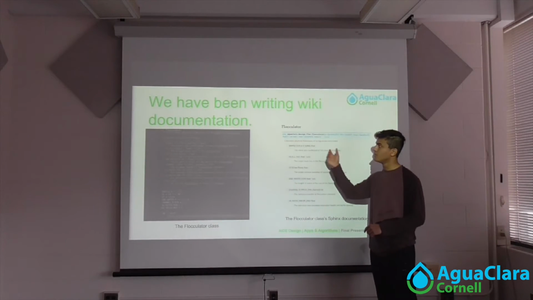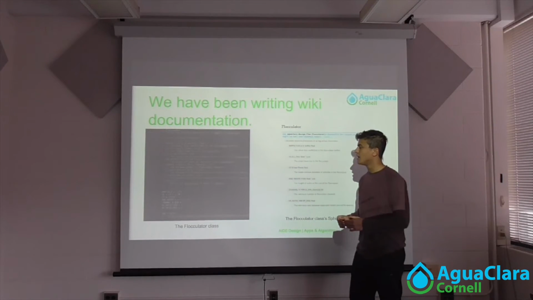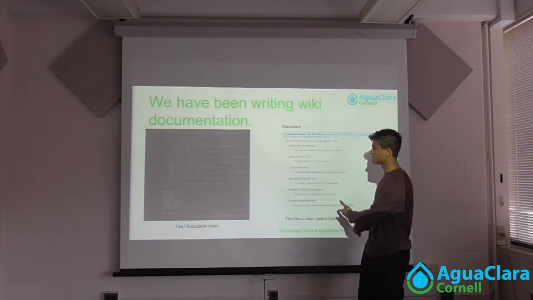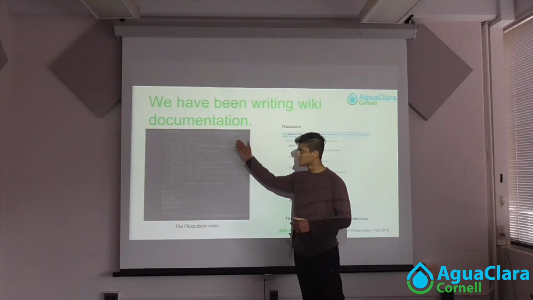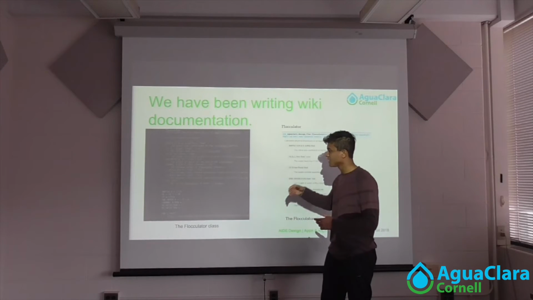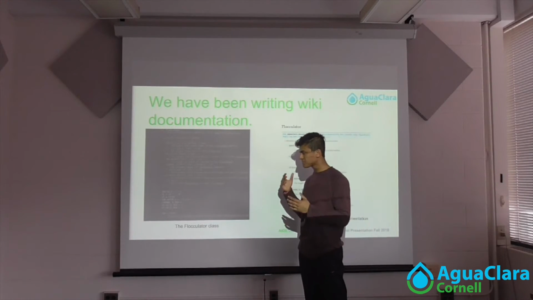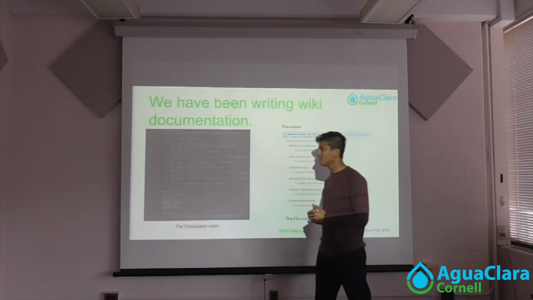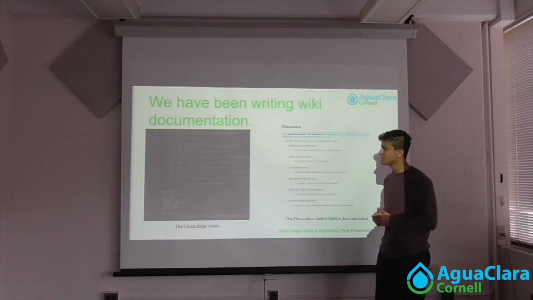So we've been writing wiki documentation for our code. How this works is we've been using Sphinx, and first we write a docstring in our code according to the Sphinx format, so they align. Then when we release this new code, our wiki is automatically updated with the new information.